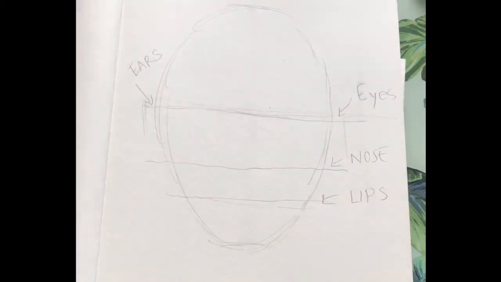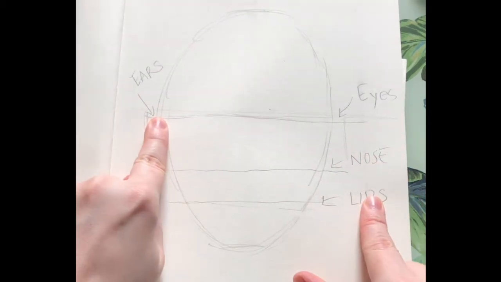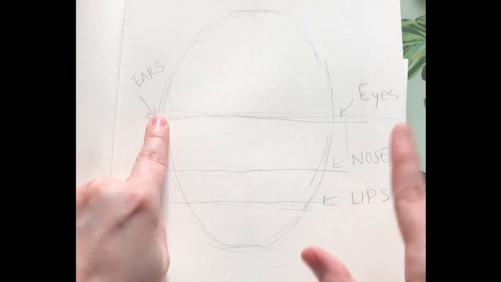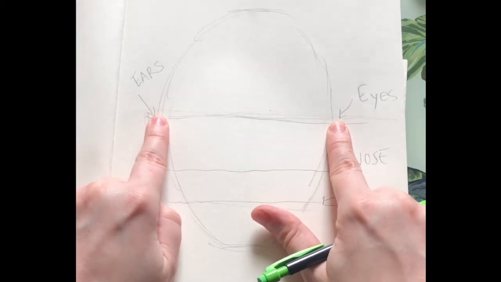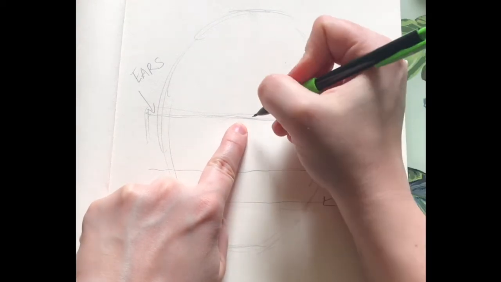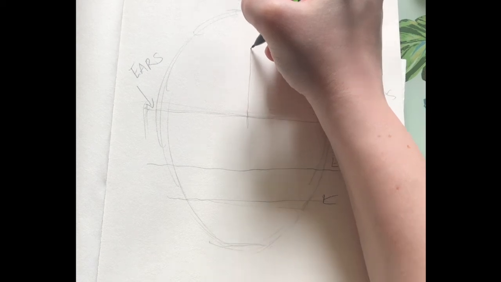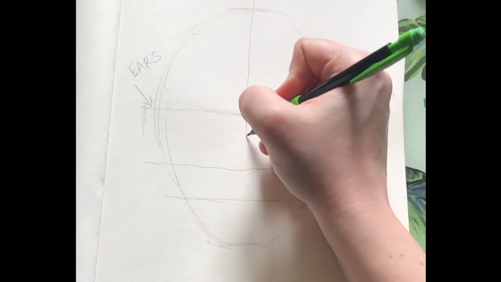So just like we've done for the eyes and the nose, we're going to put our finger where we think our ears are going to go, and then our finger where our other ear is going to go. We're going to slowly meet at the middle, and this is where our middle is going to be. So I'm going to draw a really light line, like that.